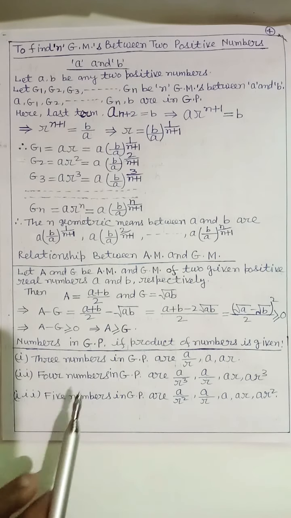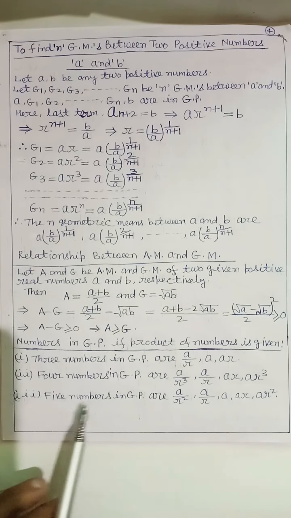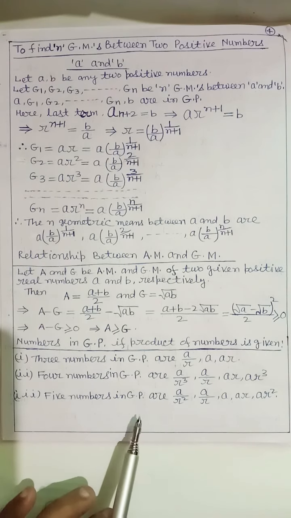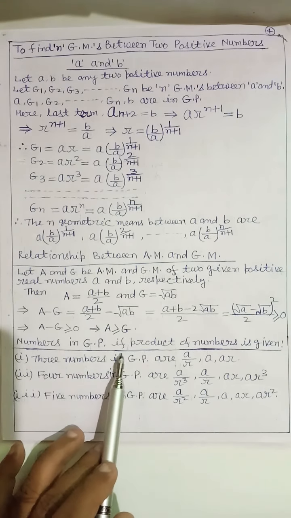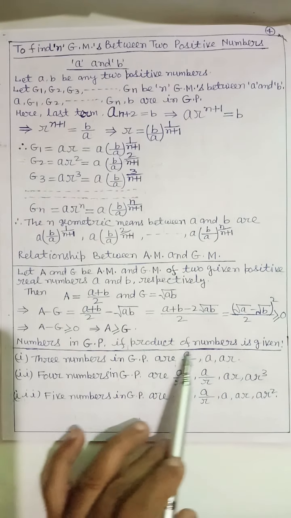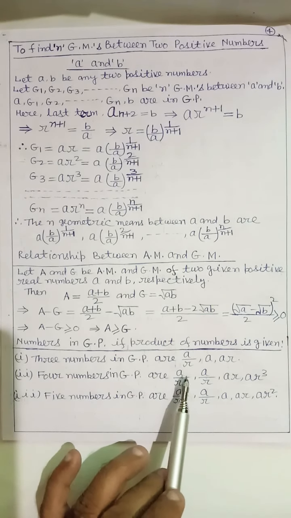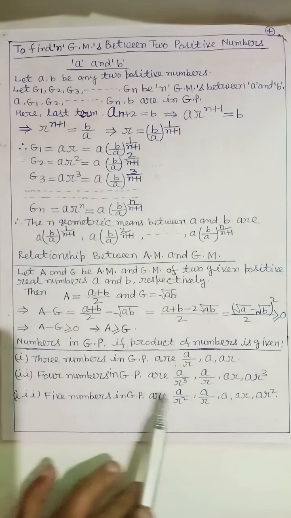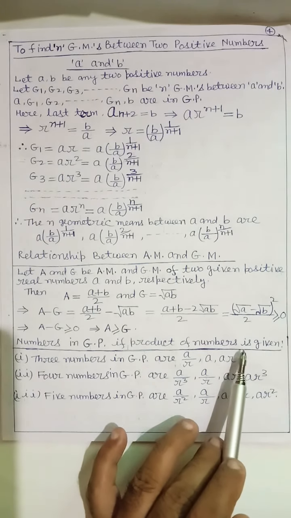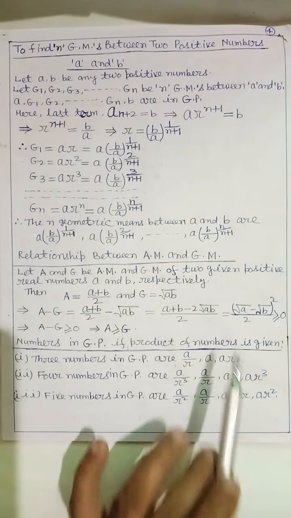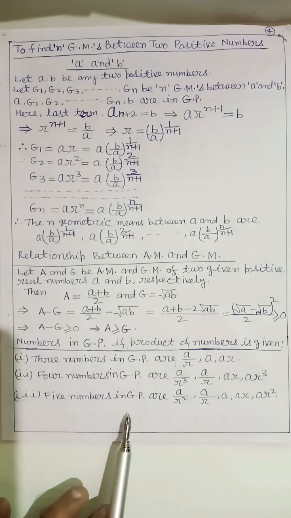According to that, in geometric progression also, we can take 3 numbers, 4 numbers or 5 numbers in GP, when the product of numbers is given in the question. This is the condition where we can take these numbers in GP.